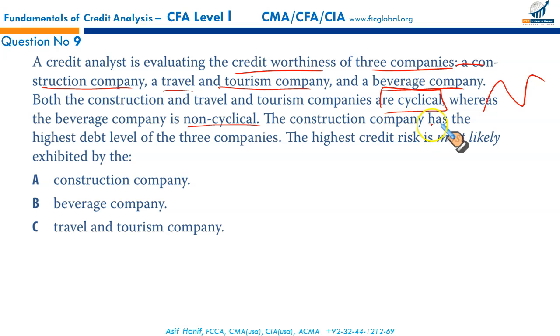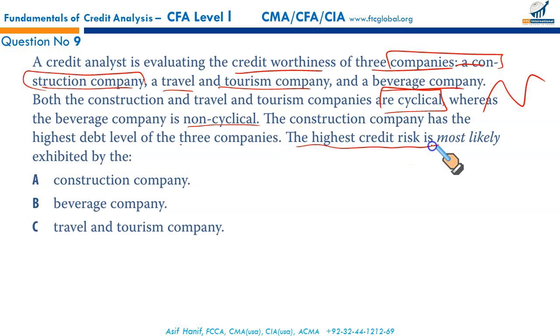The construction company has the highest debt level of the 3 companies. So we can identify that the construction company has high volatility in earnings, and it also has the highest level of debt.